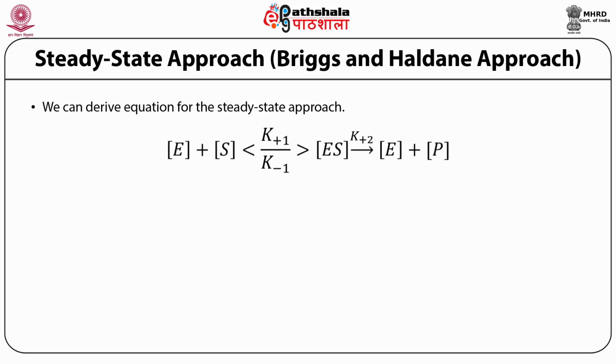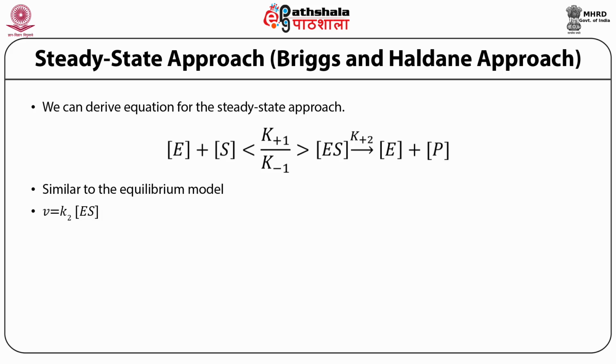Therefore, there is a steady state of ES concentration. Similar to the equilibrium model, the velocity of the reaction is dependent on two things. The first is the concentration of ES complex. The second is the rate constant that converts ES complex into the product. The equation is V equals K2 into ES.